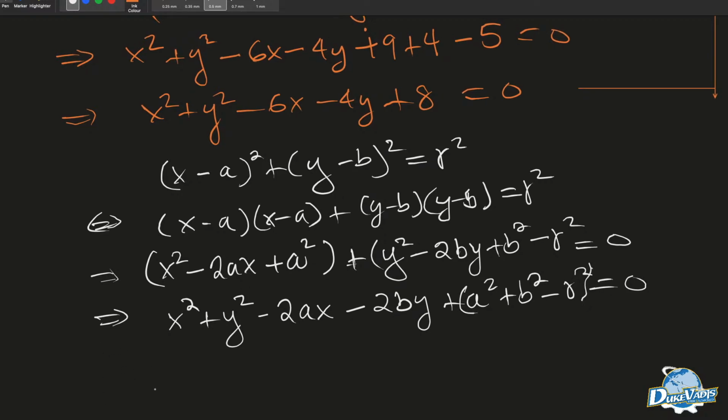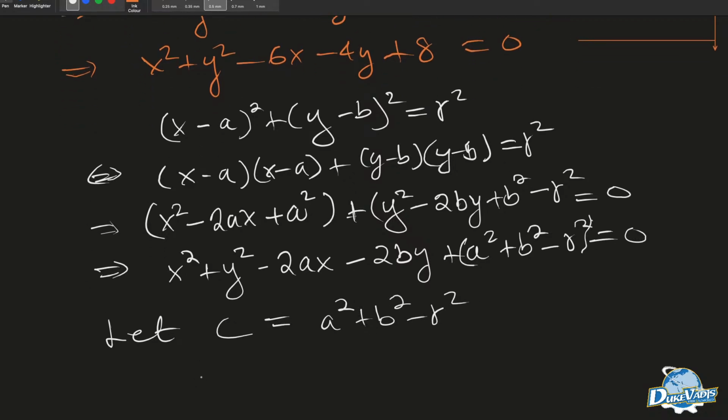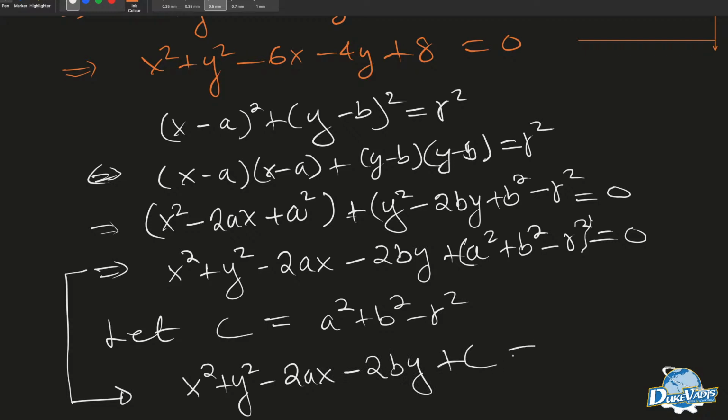Let's say c is equal to a squared plus b squared minus r squared. Then this equation becomes x squared plus y squared minus 2ax minus 2by plus c is equal to 0, and that becomes the equation of a circle.